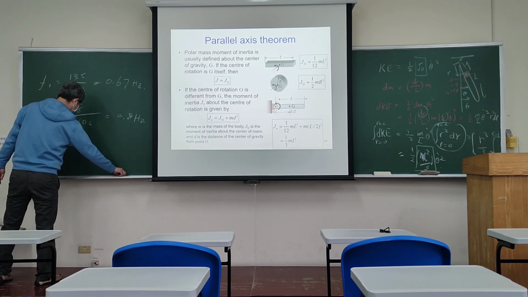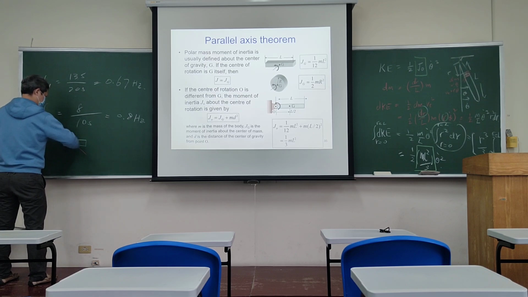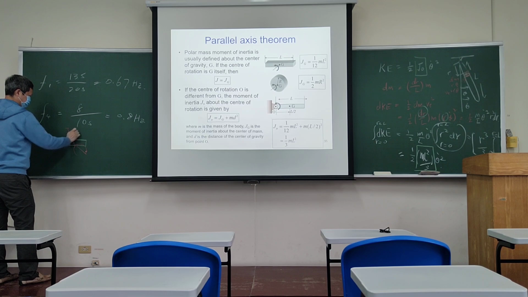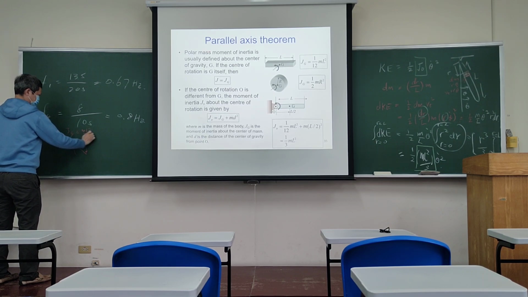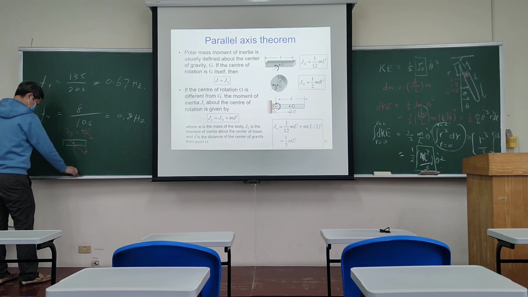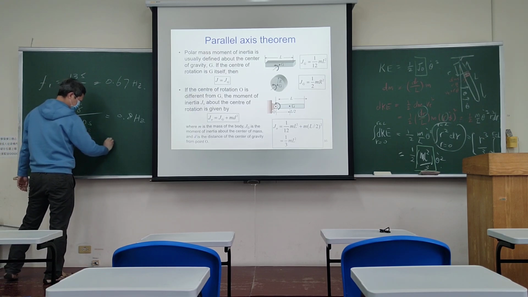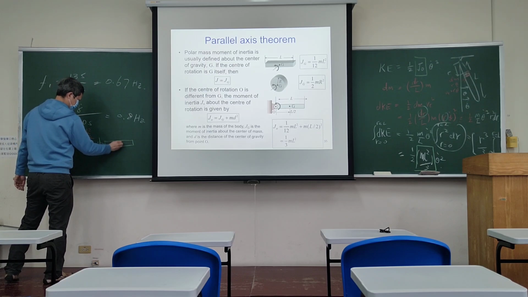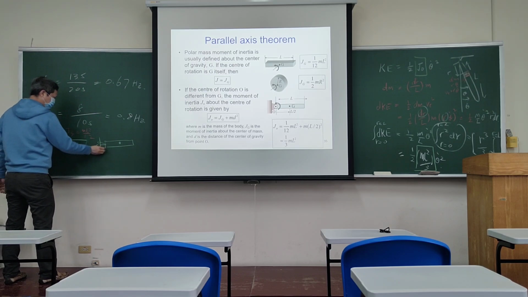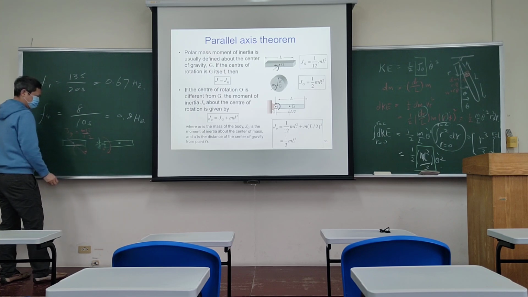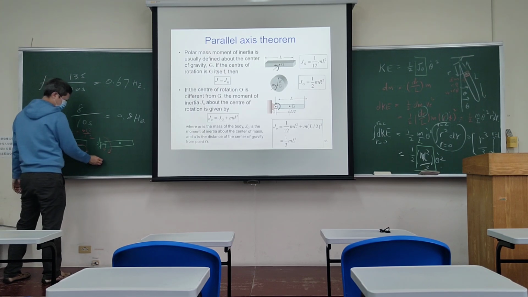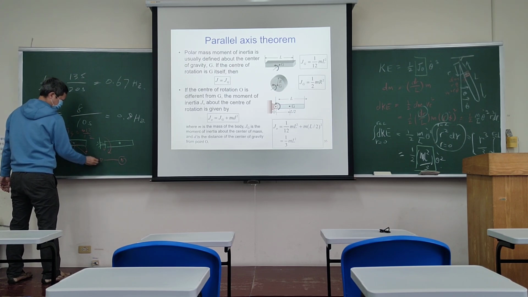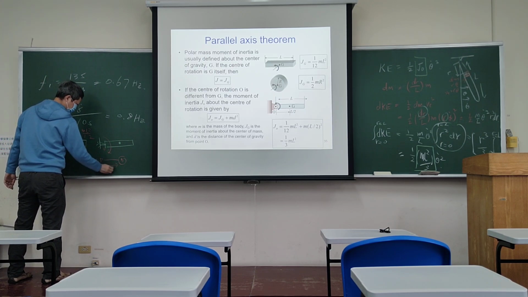If you have a self-rotation, this is what you call J_g, mL squared over 12. But now, this one is rotating about the point O. So it's equivalent to having this mass rotating about point O at the distance L over 2.